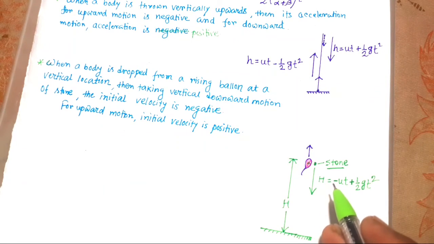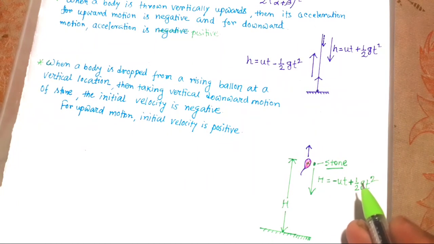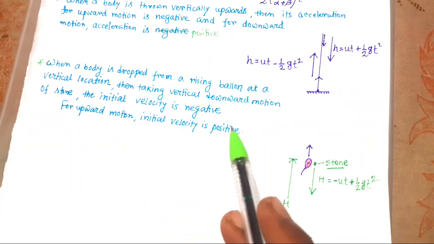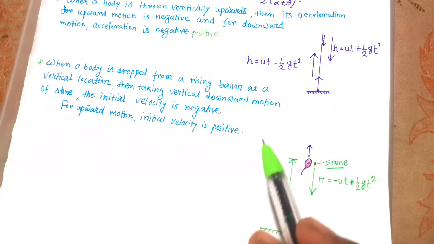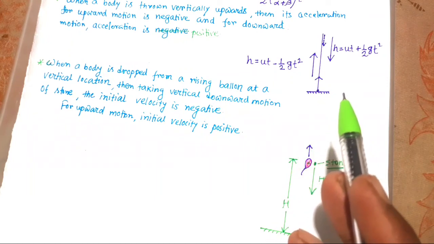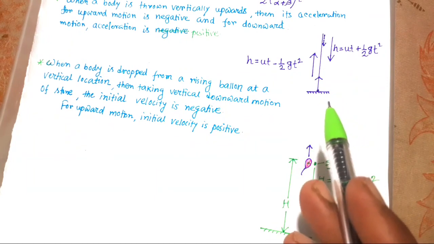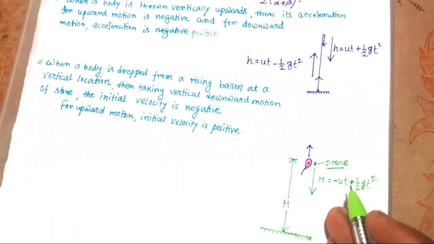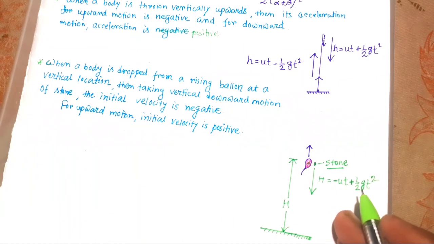So capital H equals minus ut plus half gt square. And for upward motion, initial velocity will be positive and acceleration will be negative. So for downward motion, acceleration will always be positive. Okay, thank you.